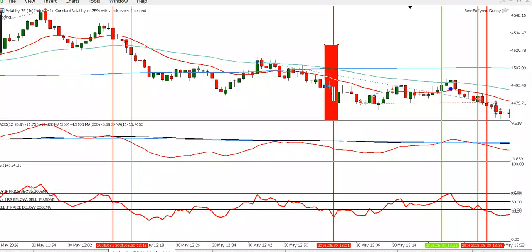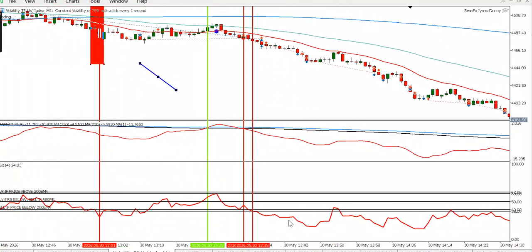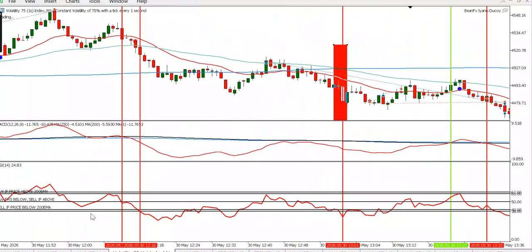When it drops from above 62, the first cross below 38 level, that's your sell signal. So these are our actual sell signals. And since then it has not crossed above, so we still sell. So that means we have to remove this, it's going to be confusing. So these are sell signals.